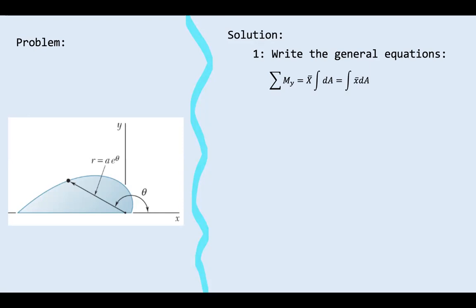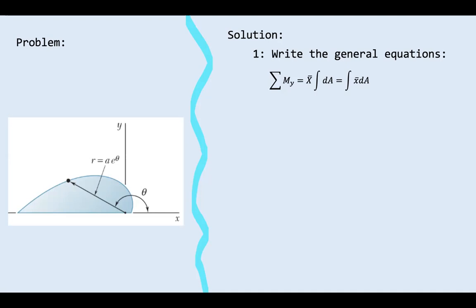The sum of the moments about y is equal to the x centroid of the whole figure multiplied by the whole area of the shape, and that is in turn equal to the sum of the x centroid of every differential element in the shape times the very small area of each differential element.